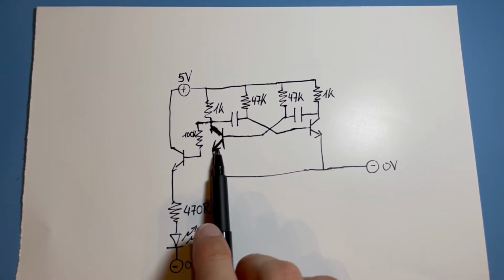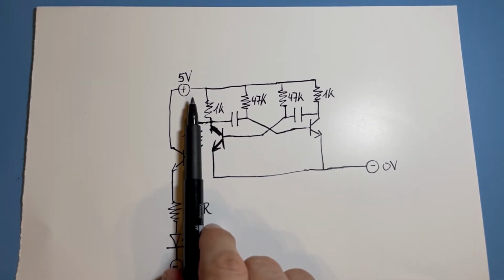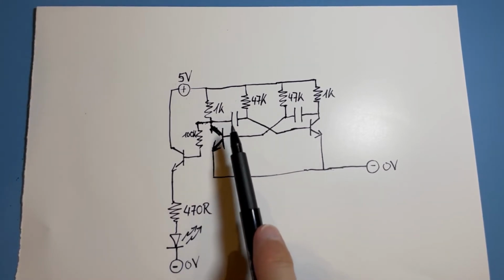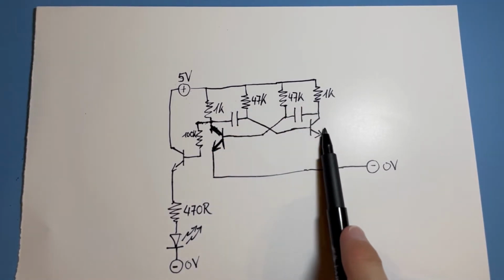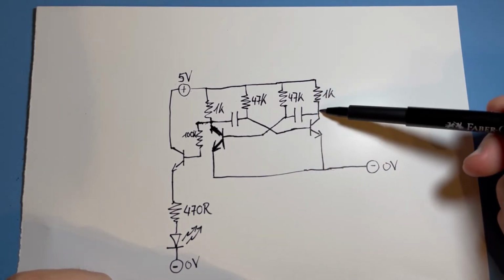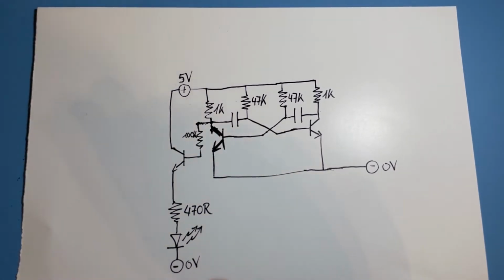We're not looking at this part right now, we're only looking at the right part. No current flowing through this transistor, and also no current flowing through this transistor right here. And so there is plus 5 volt here.